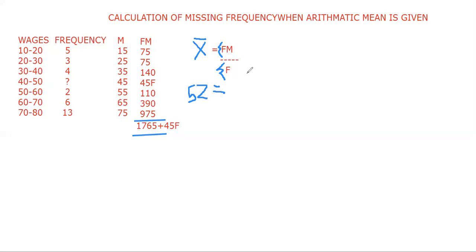Now summation fm I already computed, that is 1765 plus 45f, divided by summation f. What is the total of f?